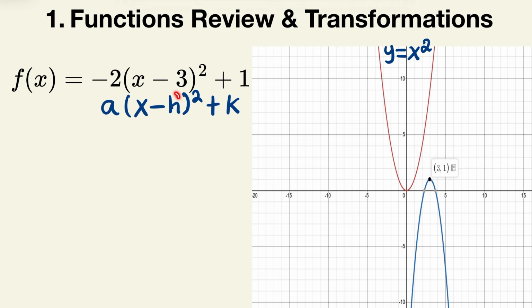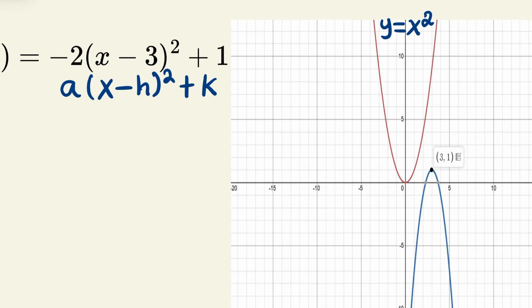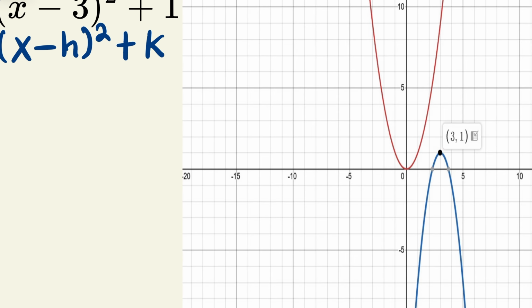Here, h is 3 and k is 1. So the vertex is 3, 1. So take a look at the graph here. We have the vertex at 3, 1. So let me just go ahead and write that here, and that is vertex.